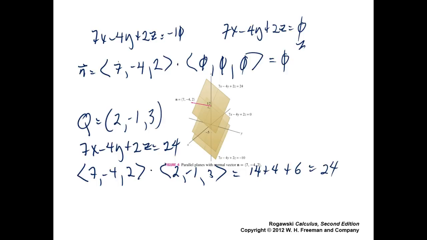Now, this is the equation for any plane parallel to the plane we started with. All you do is change the d. And if you want the origin to fit there, just plug in 0, 0, 0, so you don't even have to dot it.